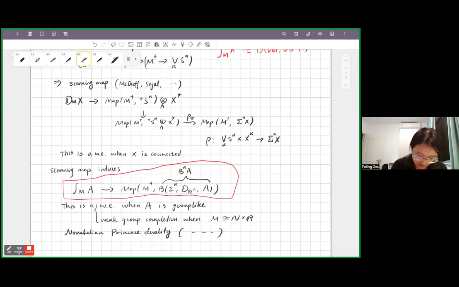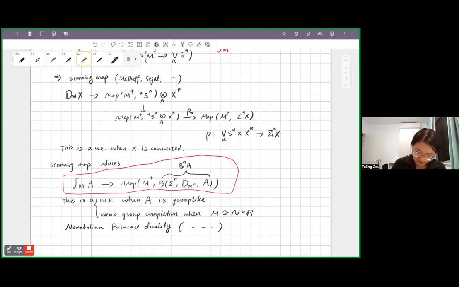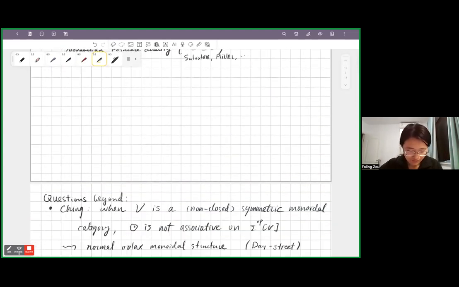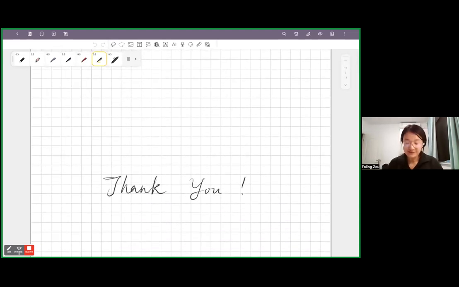And this map is going to be a weak equivalence when A is group-like, and it is going to be a weak group completion if the manifold has a copy of R as a product, so if M is isomorphic to N cross R. And this theorem is called the non-abelian Poincaré duality theorem, and it's proved by a lot of authors, including Salvatore, Miller, and a lot of others. Okay, so I'm going to end here and thank you for your attention.